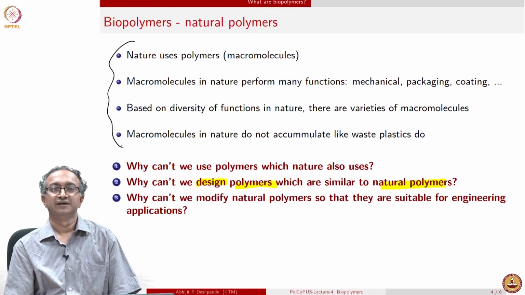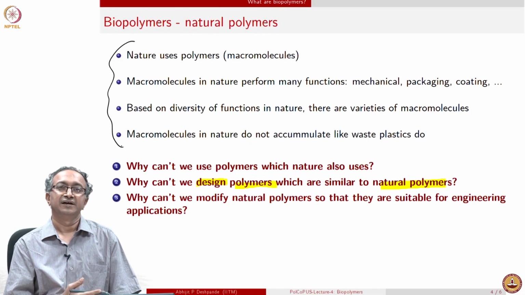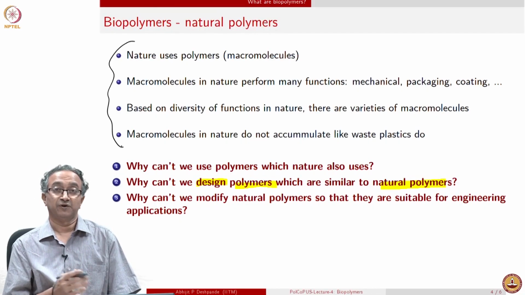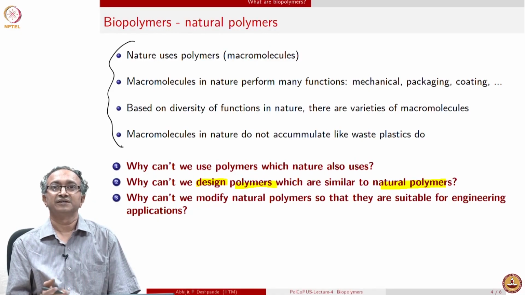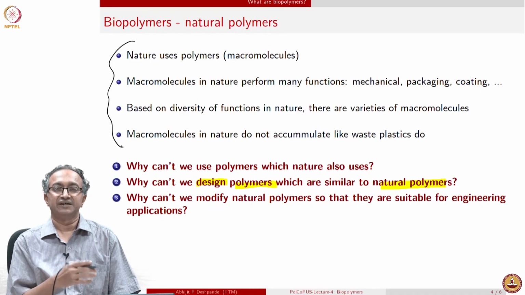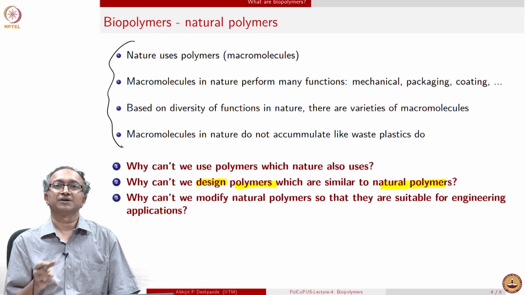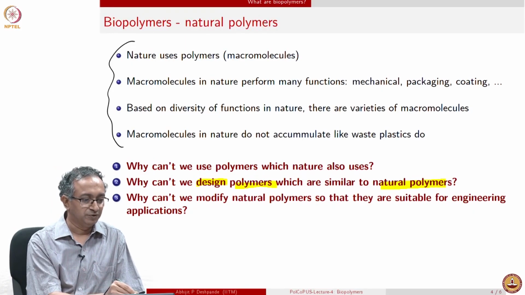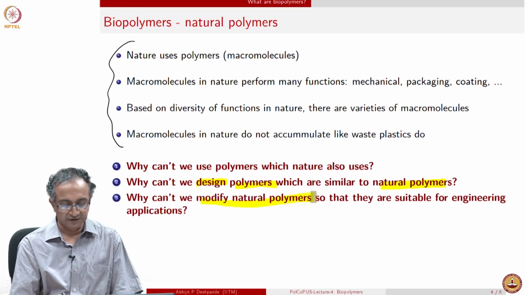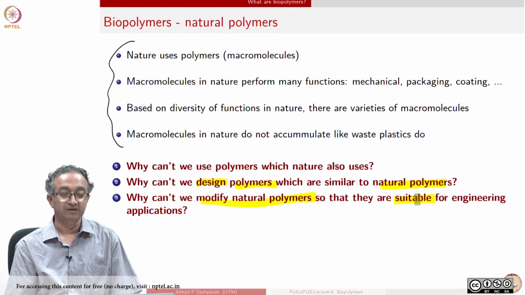Macromolecules are taken care of in the sense that they are produced in a variety of different forms, they perform various different functions, and once their function is over, they become part of a cycle, so that they are consumed and degraded, and therefore do not accumulate like plastic waste. And one more approach which we could take: can we modify the natural polymer so that it becomes suitable for the engineering applications that we want?